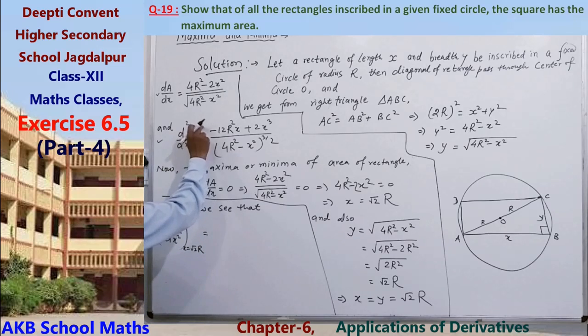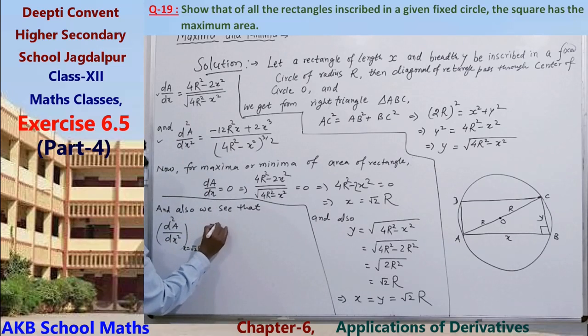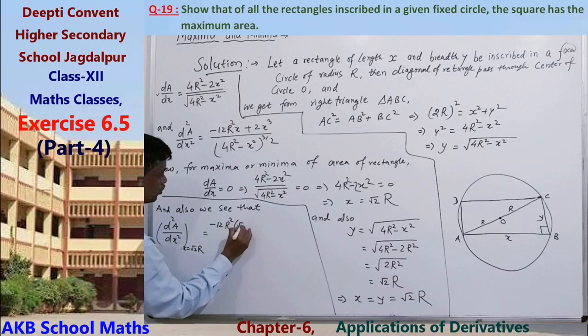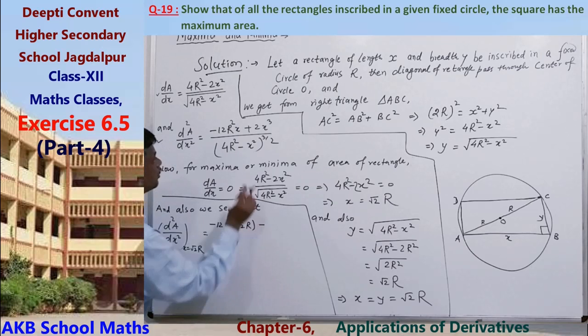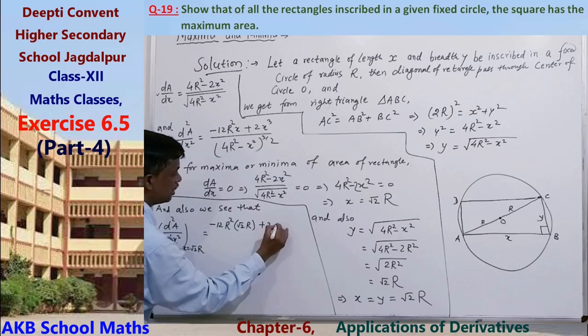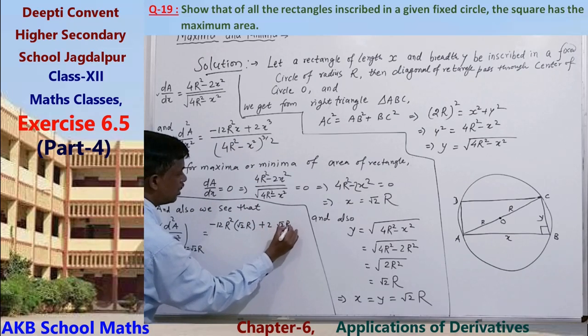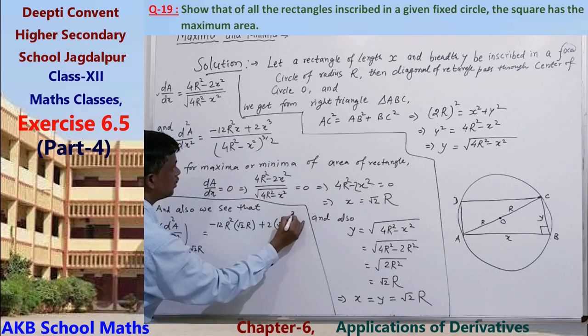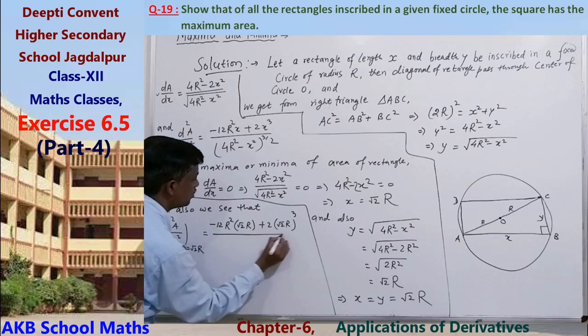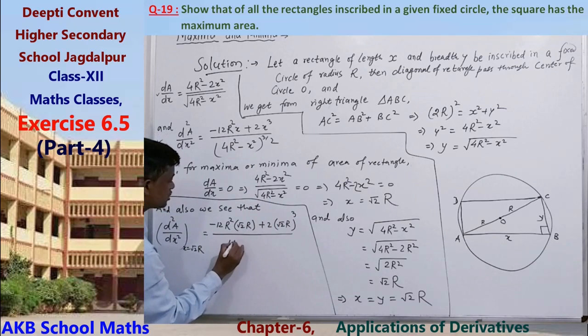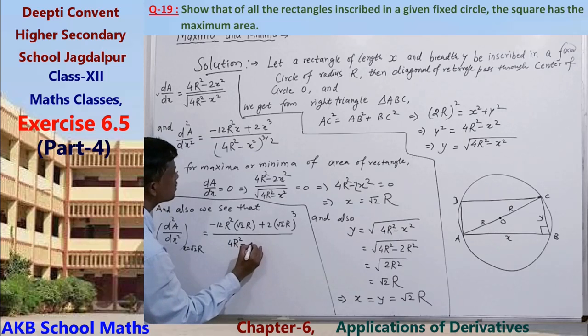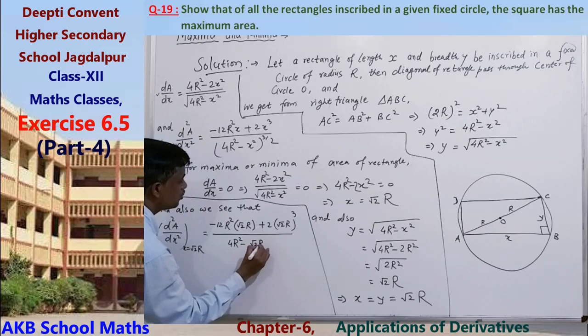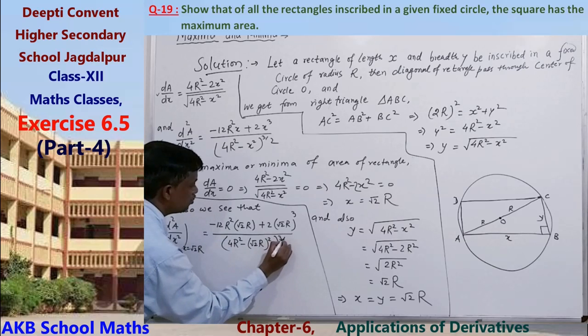Second derivative minus 12r square x equals to root 2r plus 2 x equals to root 2r cube upon 4r square minus x equals to root 2r or 2 power 3 by 2.